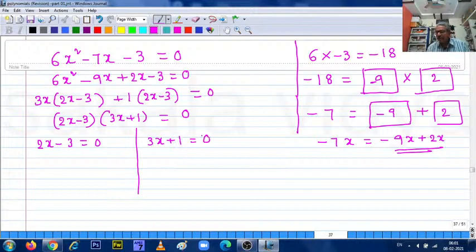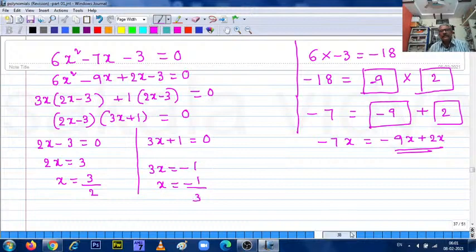First let us find out its zeros. 2x equals 3, x equals 3 upon 2. Here 3x equals negative 1 and x equals negative 1 by 3.